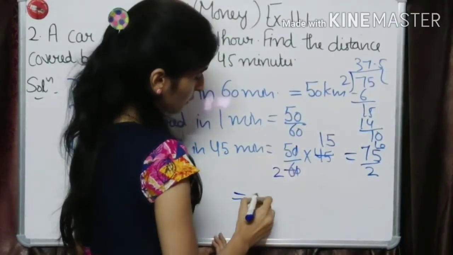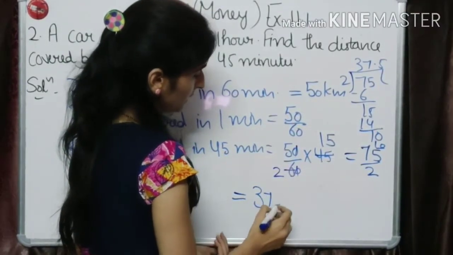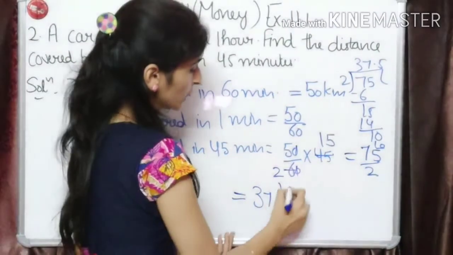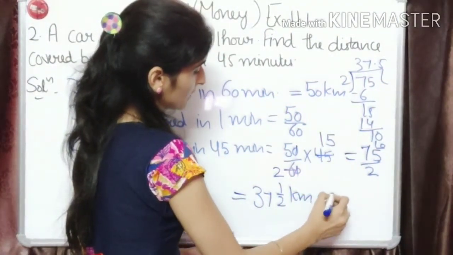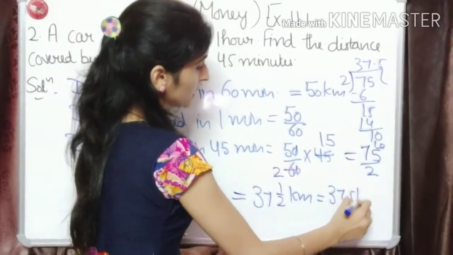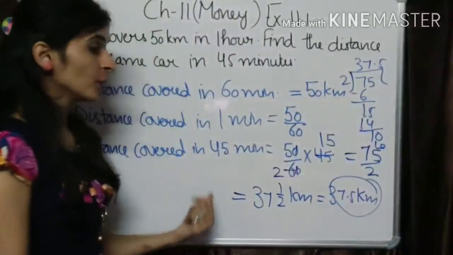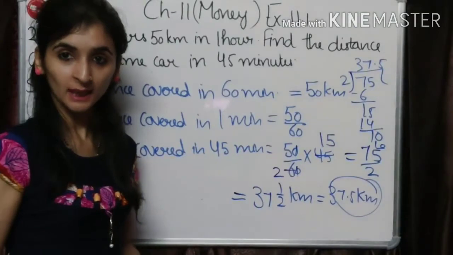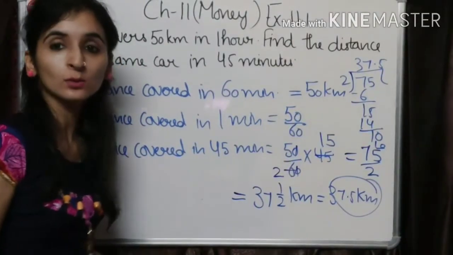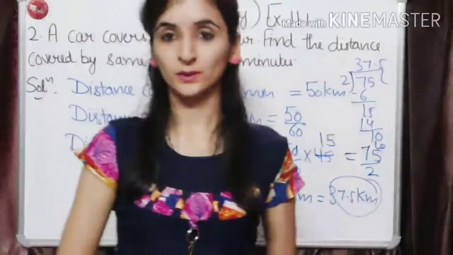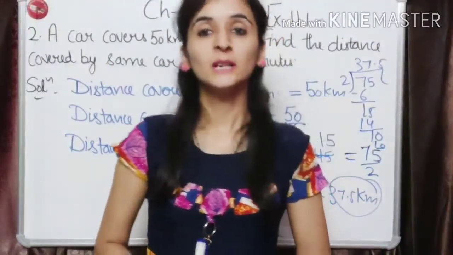So 37 1 by 2 kilometer, or you can say 37.5 kilometer distance was covered in 45 minutes, right? So this is the way to solve these kind of questions. Now we will move to the next question.